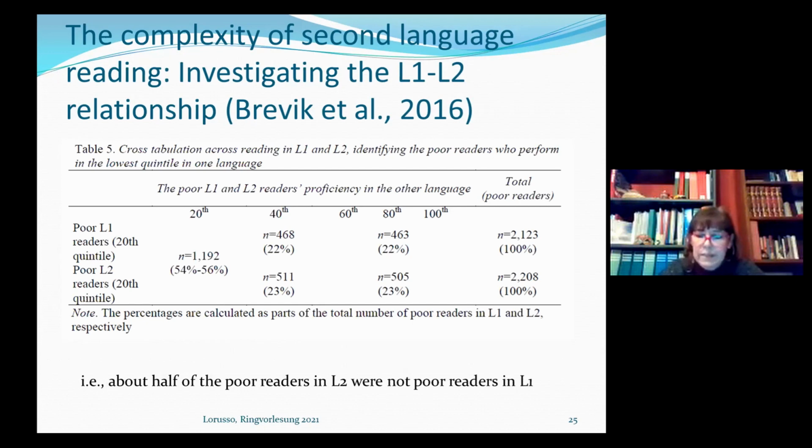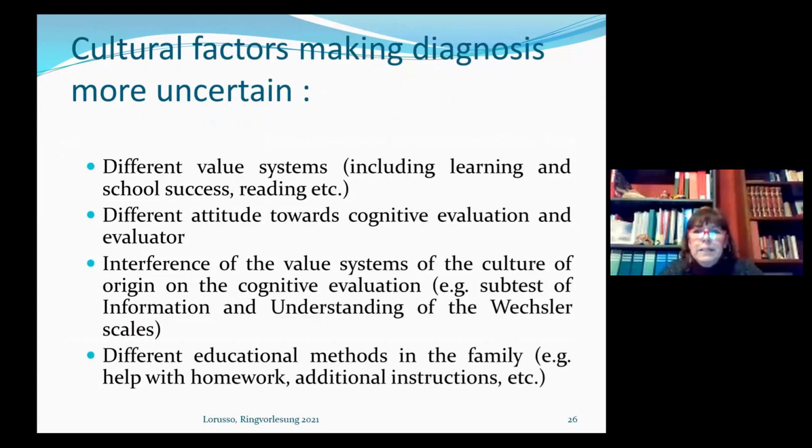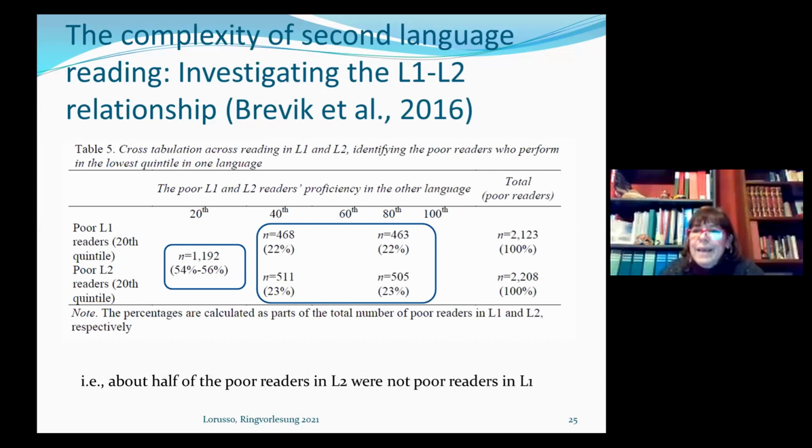And they saw that only about half of the children who were poor in their L2 reading were also poor in their L1 reading. And another half had a discrepancy between the two languages. So they were poor readers in the L2, but not in the L1.